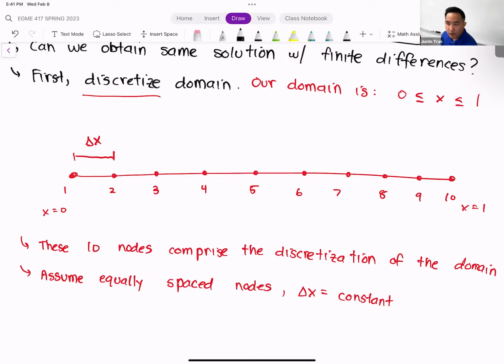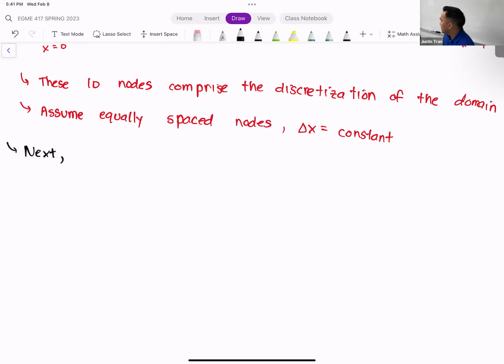So once the domain has been discretized, the next step is to discretize the equation itself. So let me write out the equation again. That's our generic 1D diffusion equation, and we want to discretize it.